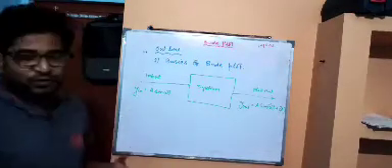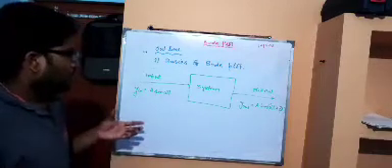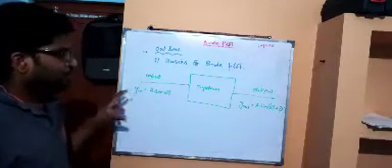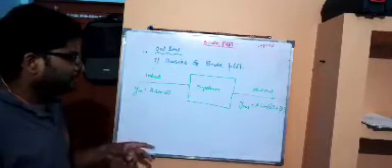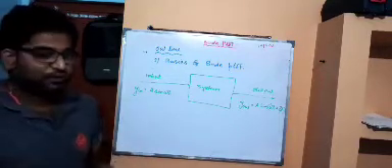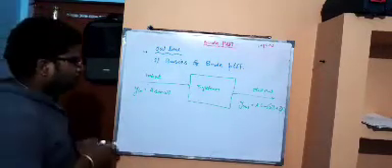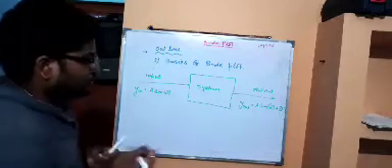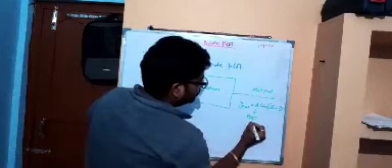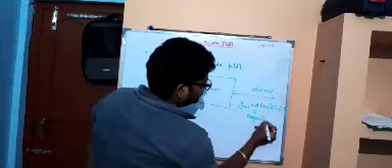Simply, Bode plot is nothing but two separate plots of magnitude and phase angle with respect to frequency. Here A represents the magnitude and phi represents the phase angle.